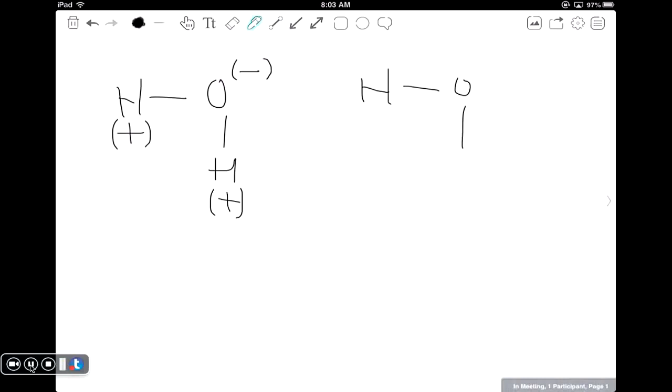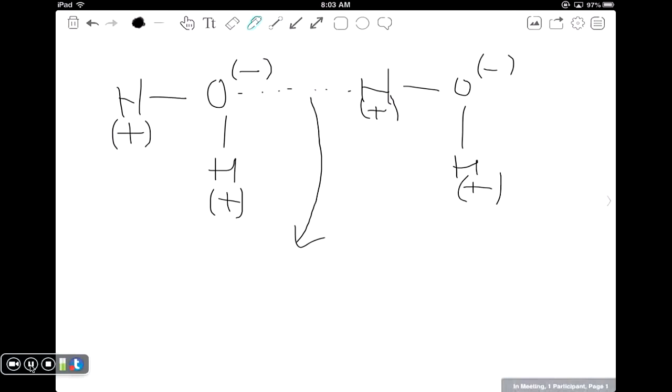So what's going to happen when you have water molecules adjacent to each other? As you can imagine, and again I'll put these slight charges here as well, you can imagine that the oxygen in one water molecule will be attracted to hydrogens of an adjacent water molecule.